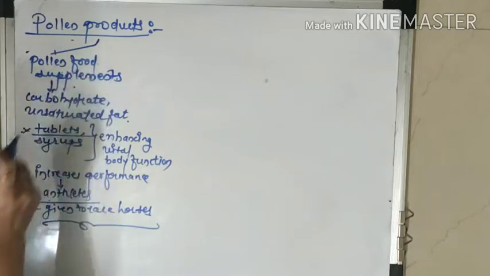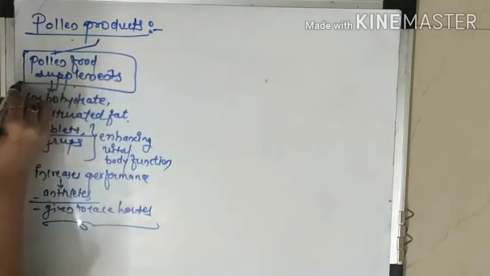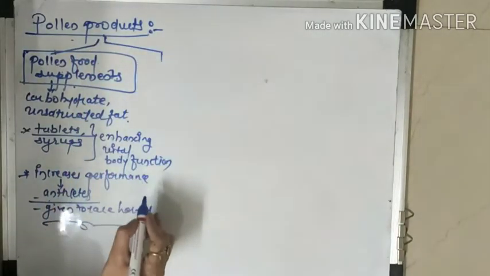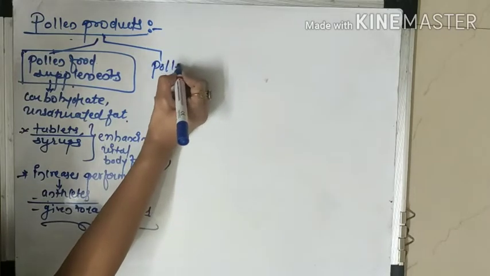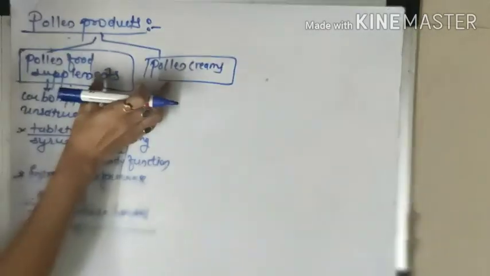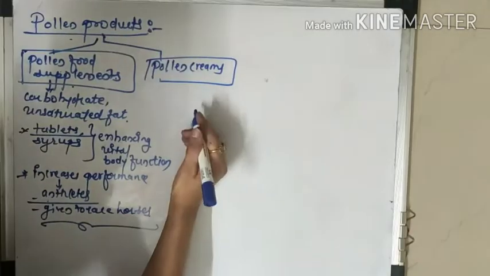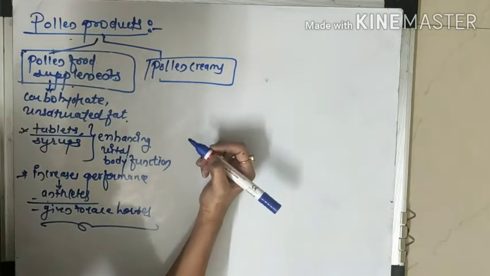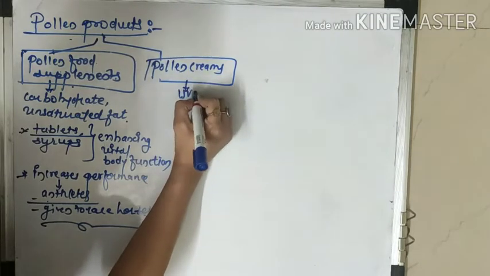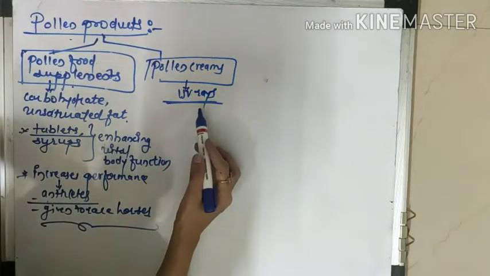Okay, so these are the pollen products. These pollen products are available in two forms: pollen food supplement, and second, pollen creams. Now here the pollen grain protects our skin from ultraviolet radiation.